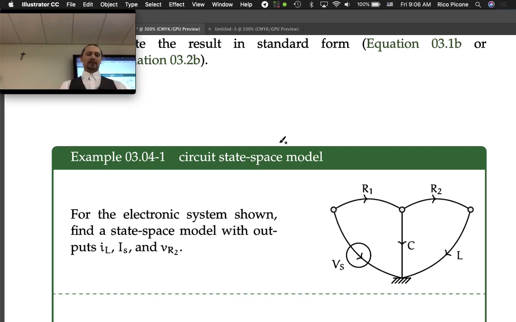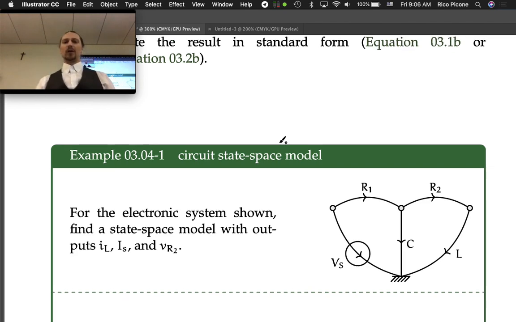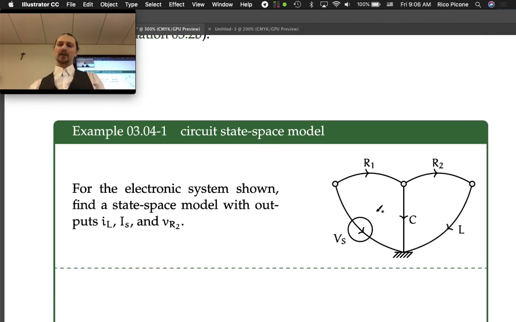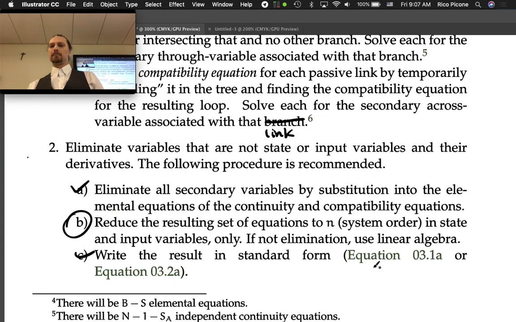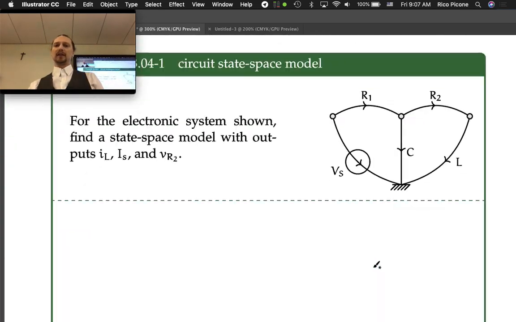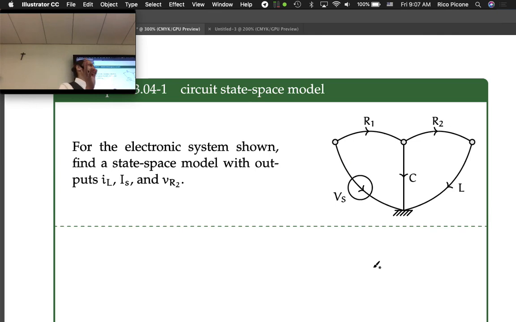The linear graph model has the coordinate arrows already given for this circuit, so it's already drawn as well. So it's got two resistors, a capacitor, an inductor, and a voltage source, right? This is actually the same linear graph that we used in the last lecture to work an example on for the normal tree, right?